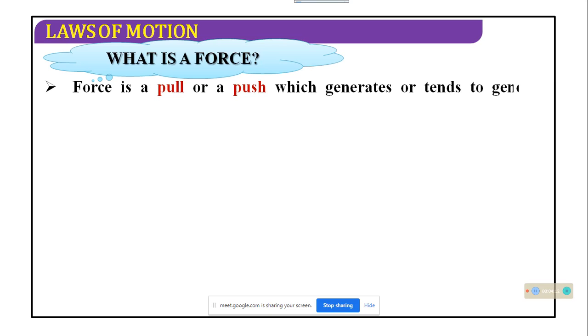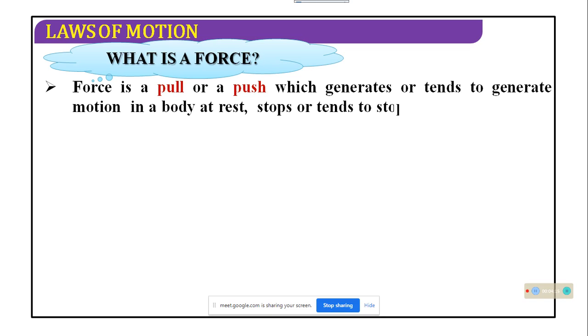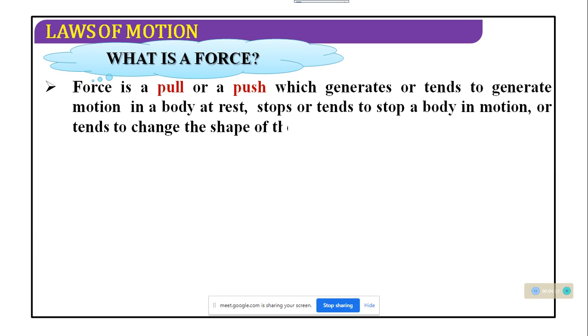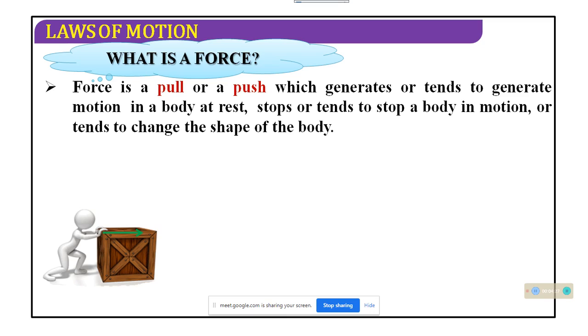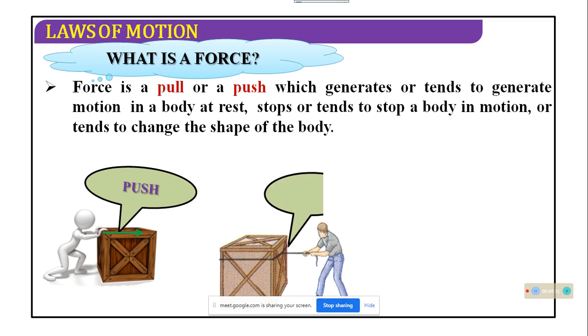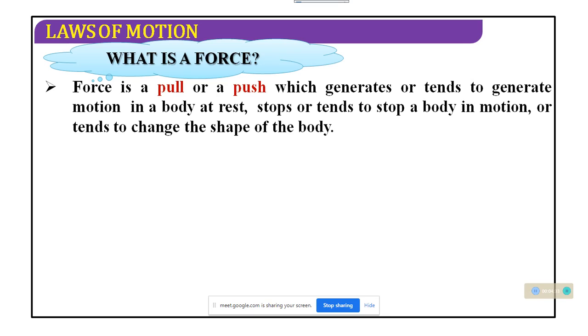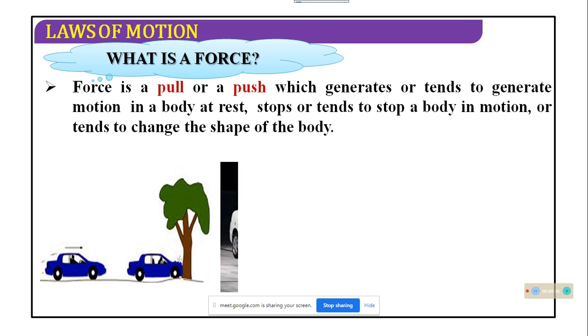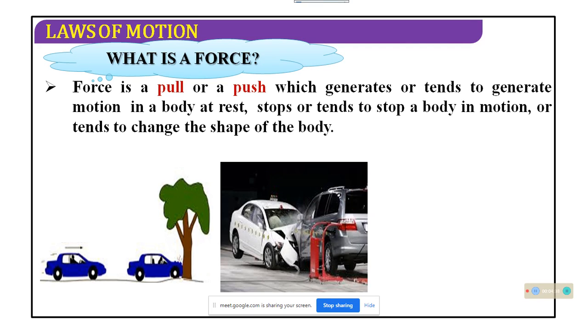Force is a pull or push which tends to generate motion in a body at rest, or tends to stop a body in motion. It also tends to change the shape of a body. This is the push, this is the pull.